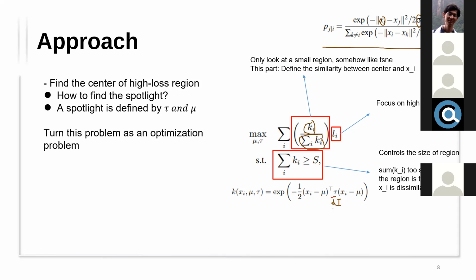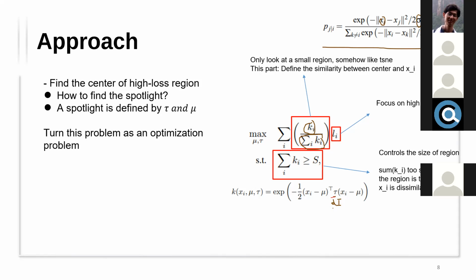So the constraint just controls the size of the region. It needs to be at least larger than some predefined value. And then they turn this into an optimization problem to find the best mu and tau, because the parameters we are searching for are the center mu and the matrix tau.